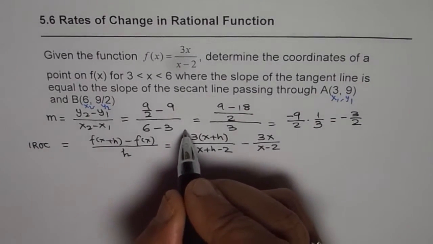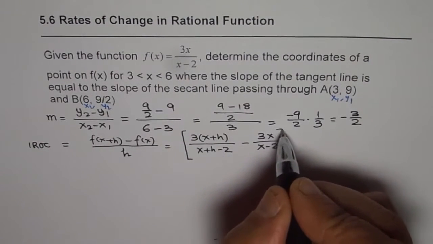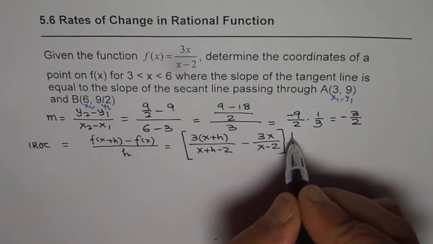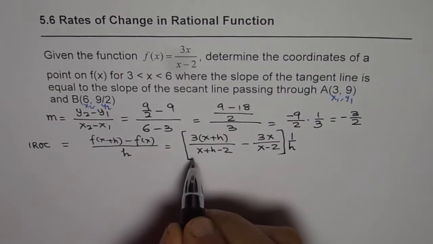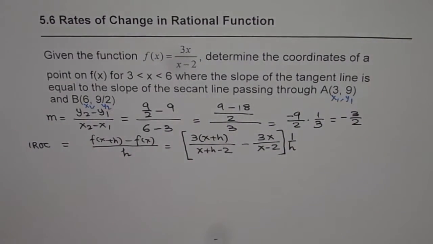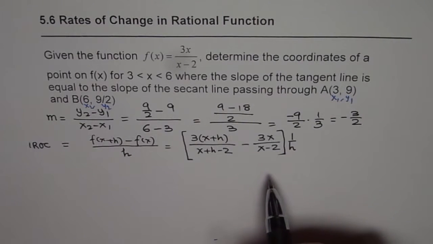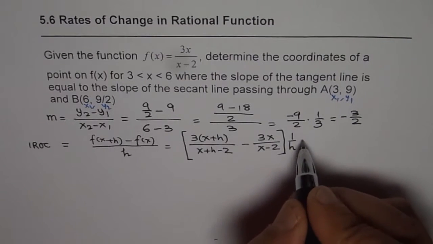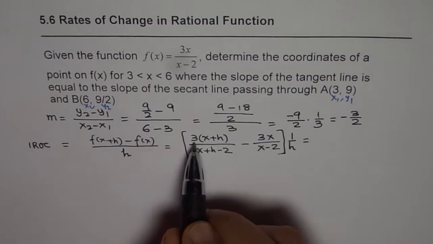So instead of writing divided by h like we normally do, I will write it here as 1 over h, right? So this is the same as the whole thing divided by h. Now since I'm running out of space, I have to somehow economize on the space, right? At this stage it's good practice to take 3 common.